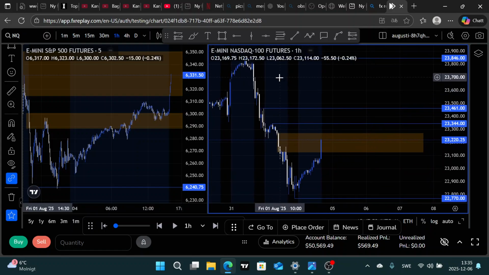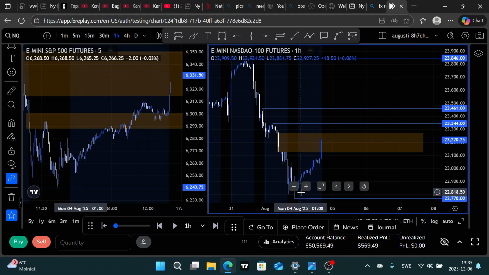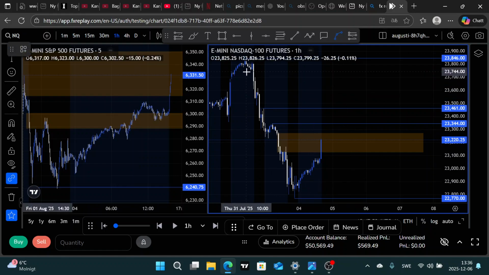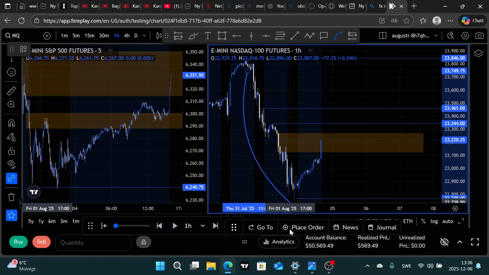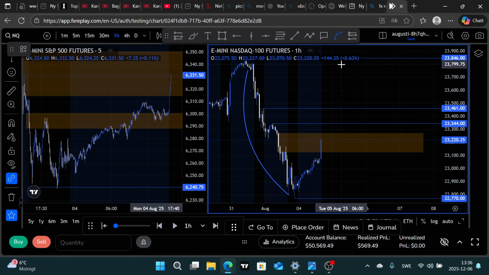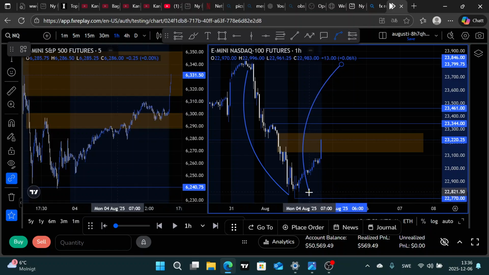So according to the forever model, this right here is the sell side of the curve, according to the market maker model. And now we are going to take the buy side of the curve, which is like this. Sell side of the curve and buy side of the curve.